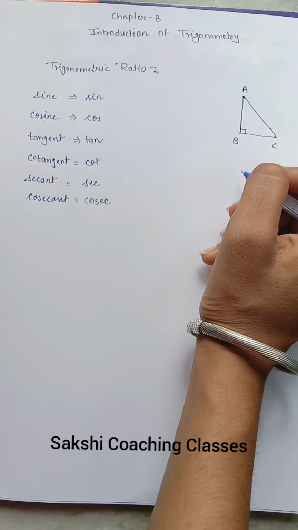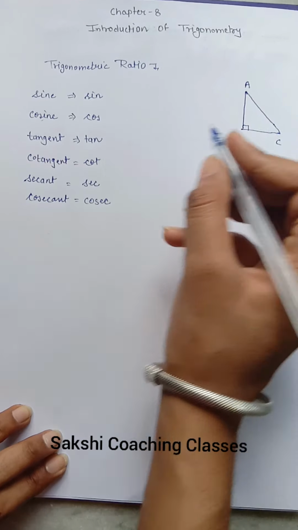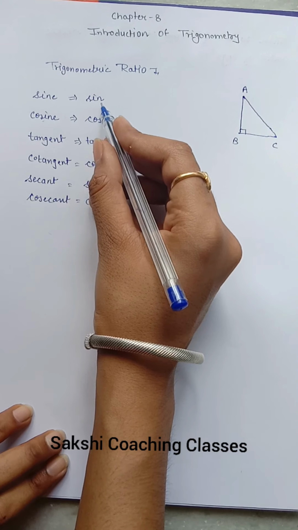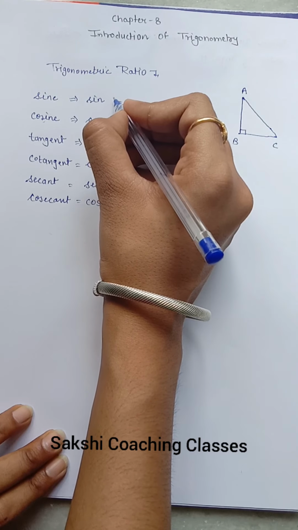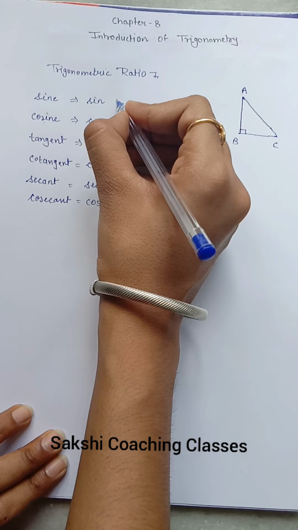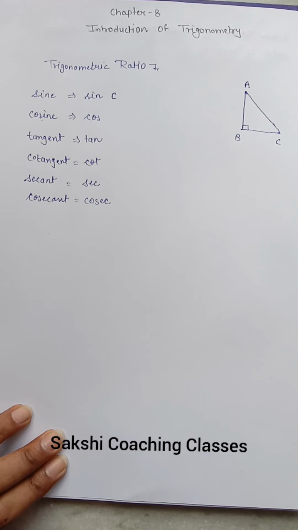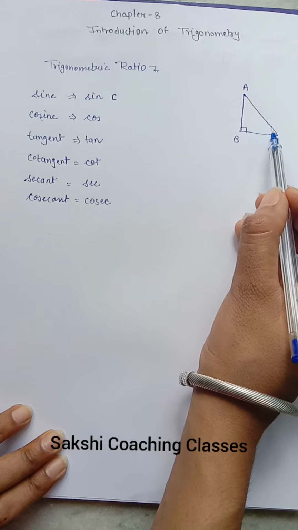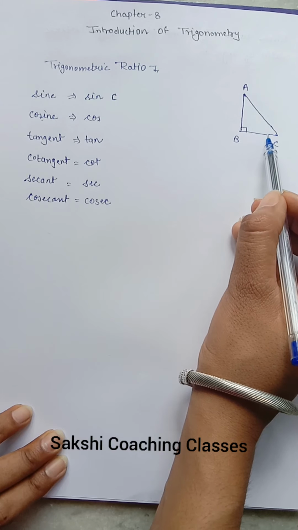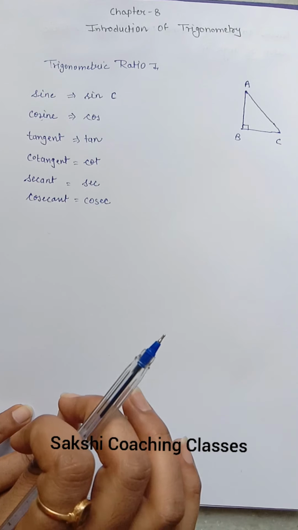Now what to do? If you have to find the sine of angle C, for angle C you have to find what is the base and what is the perpendicular.